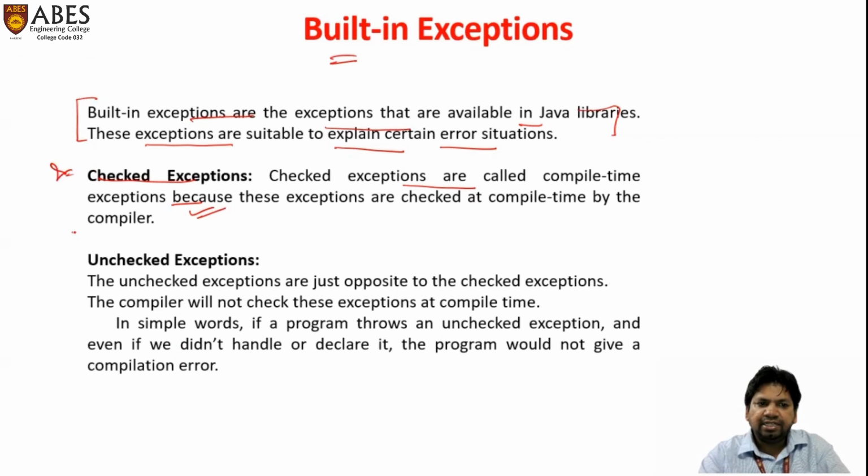Okay. The next topic is unchecked exceptions. The unchecked exceptions are just the opposite of checked exceptions. They are not checked at compile time. First thing, in simple words, if we do not handle or declare it, the program would not compile.